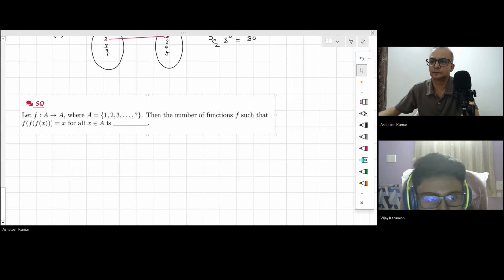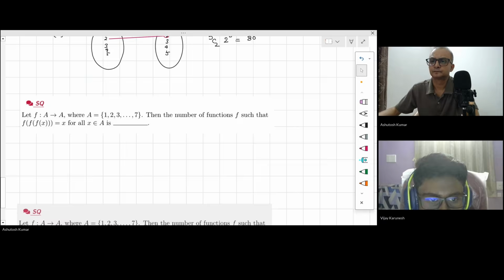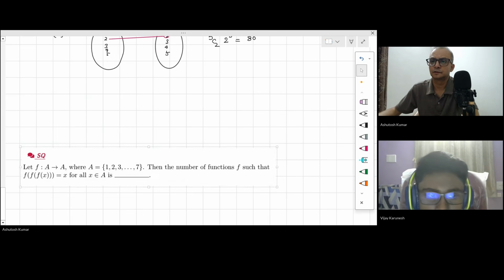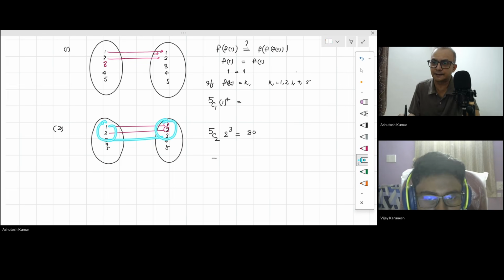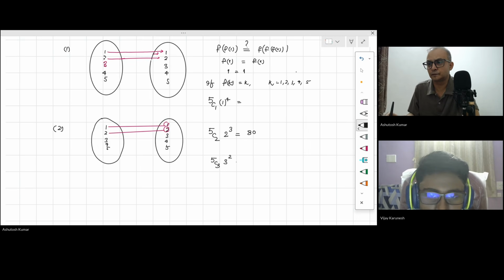Let me bring it down. Can you tell me the other thing? I'm just combining all this. So the next case, when f(k) is equal to k is exhibited by three different numbers: 5C3 into 3 to the power of 2.